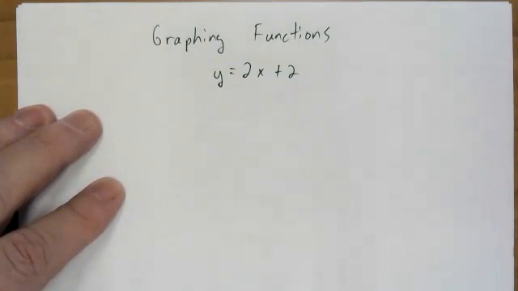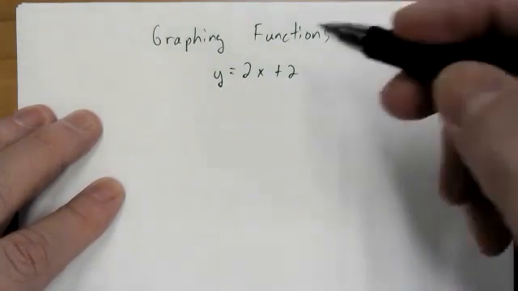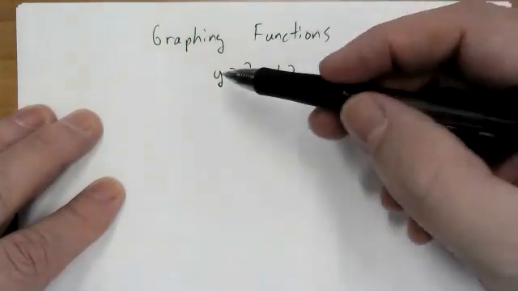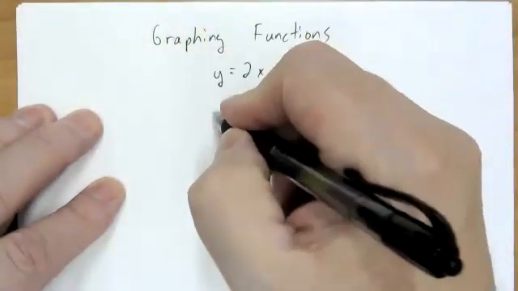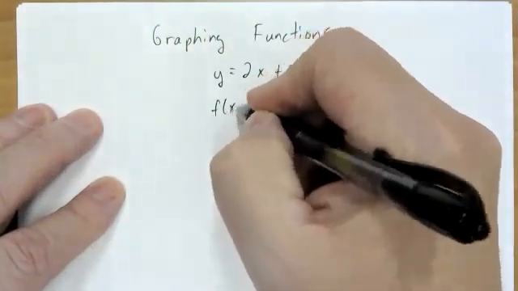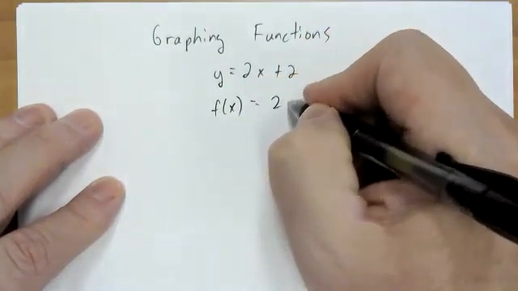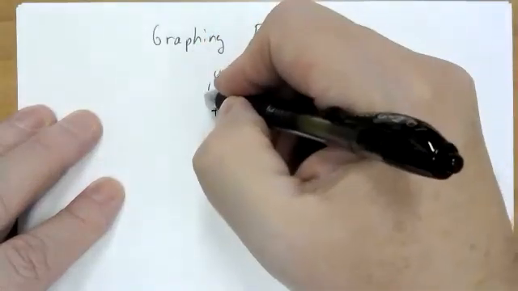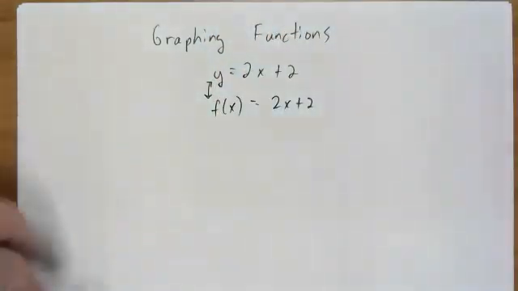And at the end of the last video, I explained that you can turn an equation into a function by simply replacing the y with what we call f of x. And I explained that y and f of x are always interchangeable.